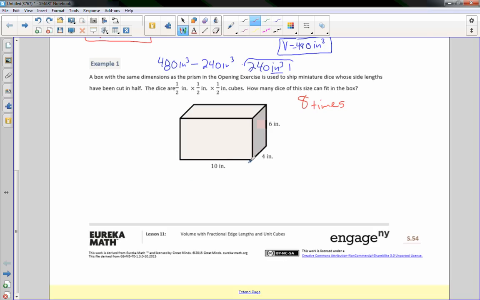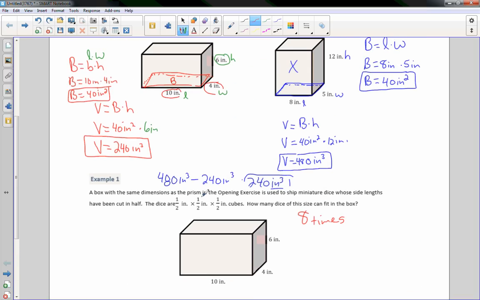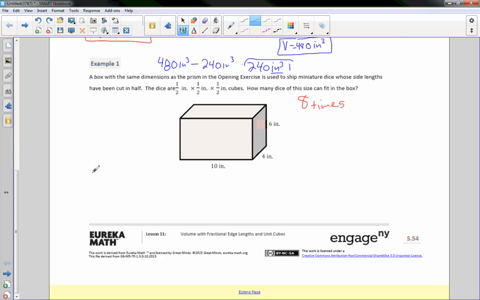So now, if I do the same area, I'm not going to regenerate all this information. It's still up here. It was the same, 10 by 4 by 6. And we got 240 cubic inches. So if the volume equals 240 inches cubed, and we ask how many cubes will it take to fill that, when each cube is 1/2 inch by 1/2 inch by 1/2 inch, it takes 8 cubes to fill 1 cubic inch. Then I need to multiply this by 8 to determine how many cubes it would take to fill that.